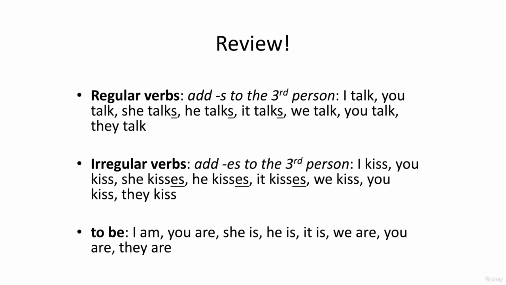For example, I kiss, you kiss, she kisses, he kisses, it kisses, we kiss, you kiss, they kiss. And with the verb to be, we conjugate as follows. I am, you are, she is, he is, it is, we are, you are, they are.